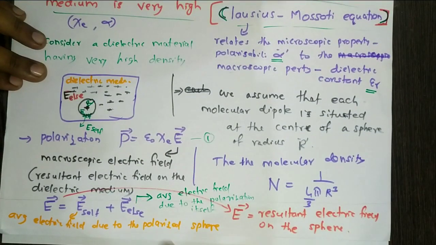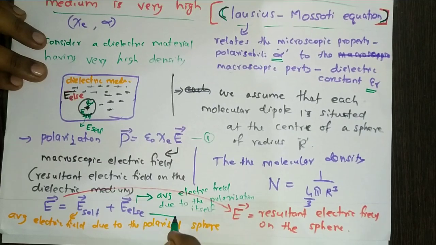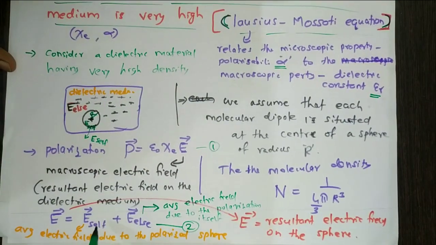Let me write this as equation number 2. This E self is the microscopic electric field and E else is the macroscopic electric field.